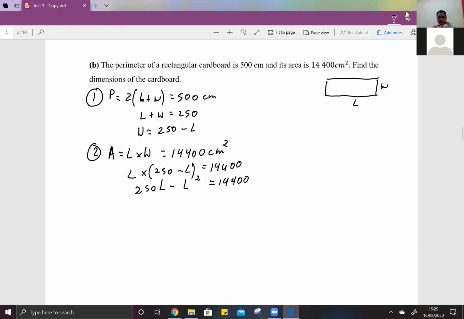L squared minus 250L plus 14,400 equals 0. Okay. The constant term is a big number, so maybe you better use a calculator and solve it using the formula. Okay.